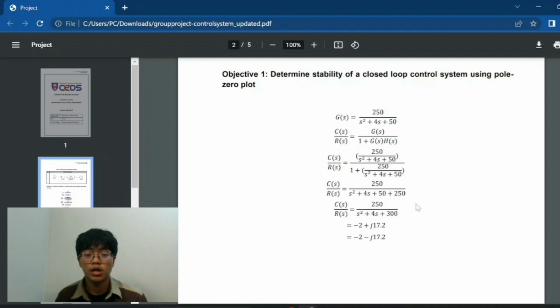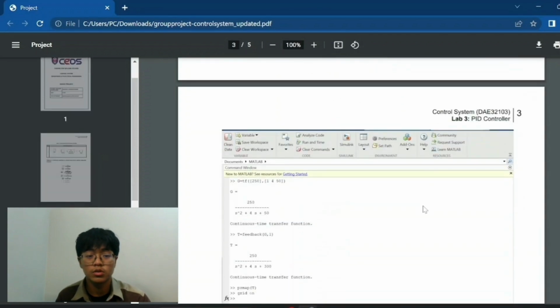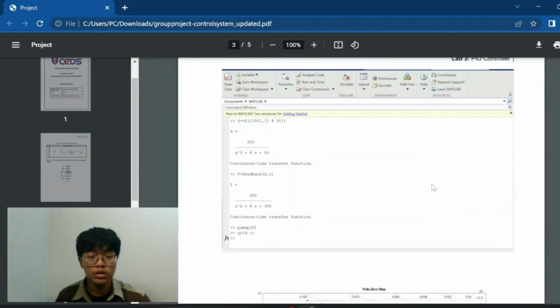Next, I use the pzmap instruction to do the pole zero plot. So this is the transfer function that I got.